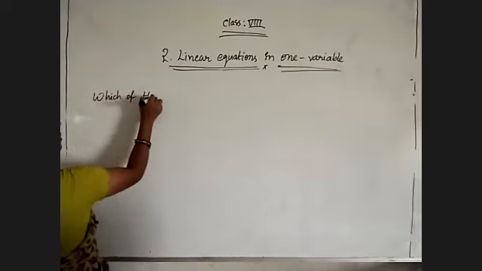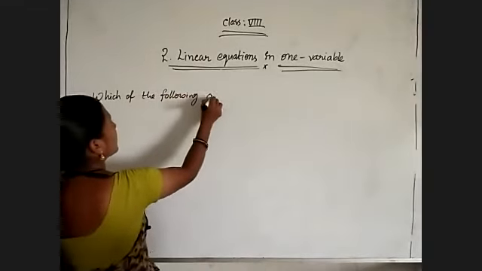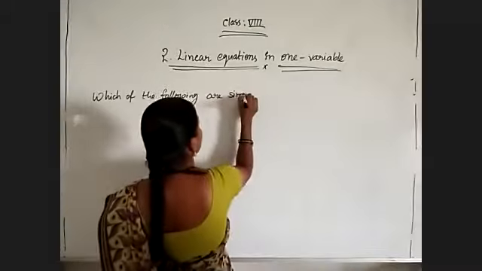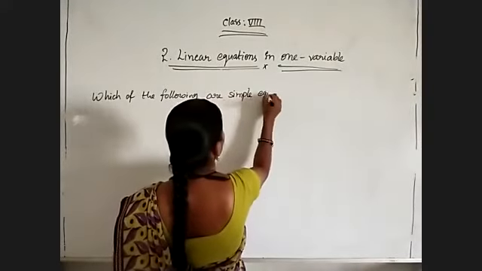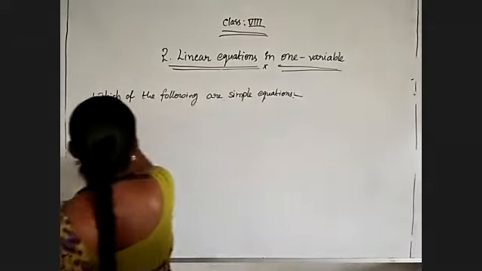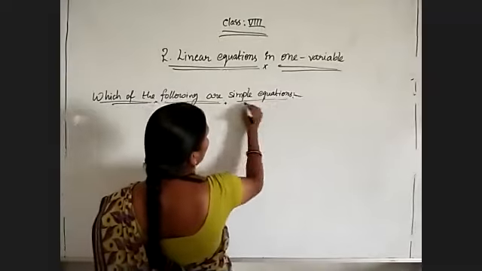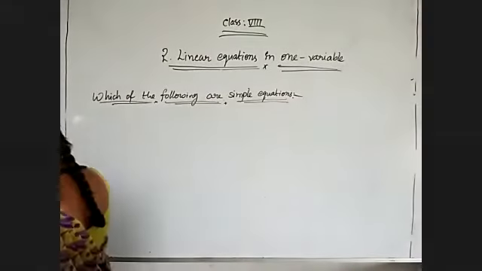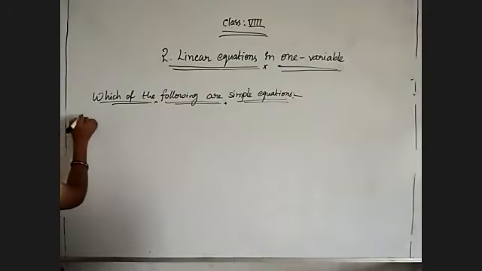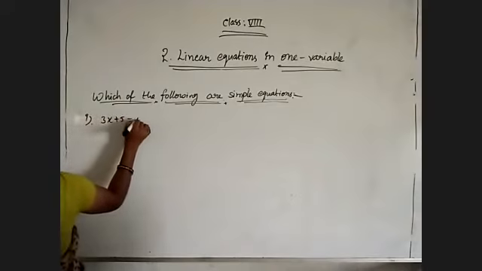Which of the following are simple equations? For simple equations, we need to check for variable. In case of linear equation, we need to check for degree. So first question, 3x plus 5 is equal to 40.